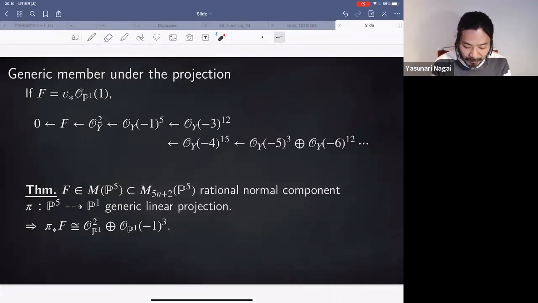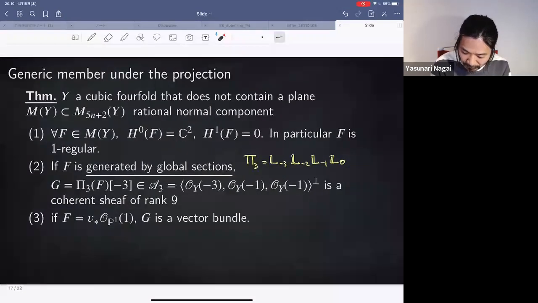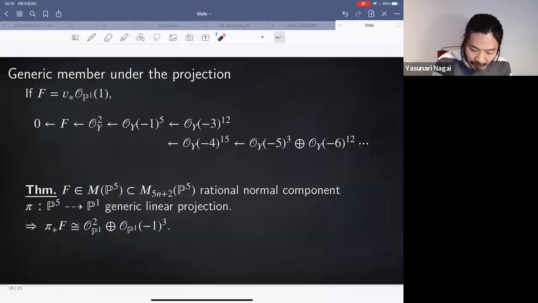And because higher cohomology vanishes, basically what we have to do is just cut off this complex here, because we go up to -3. So in this case, G is just the image of this map.